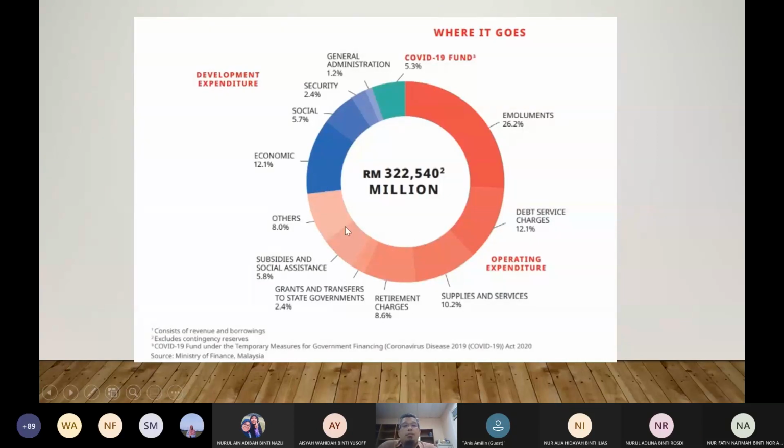So this is very broad. You cannot see each government agency, but for a specific ministry and government agency, you have to look at the breakdown reports. Then you can see. 322 billion to be spent in terms of the overall allocation, covering both development and operating expenditures.